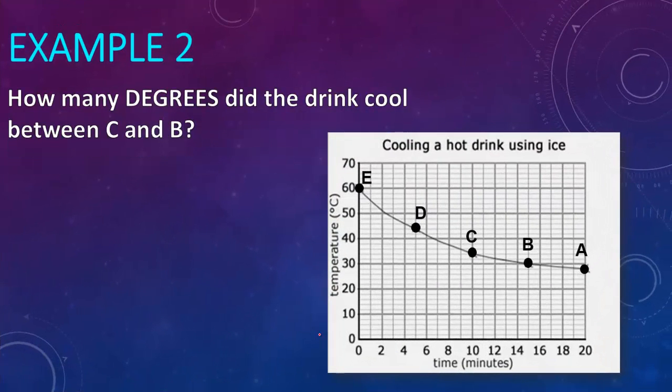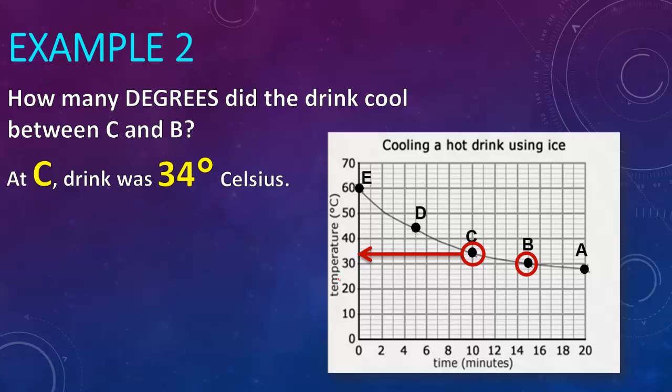Another example. How many degrees did the drink cool between C and B? They listed it in order of C and B, so that's the order you have to follow here. So here's C, and there's B. At C, the drink was, if you look over there, about 34 degrees Celsius.